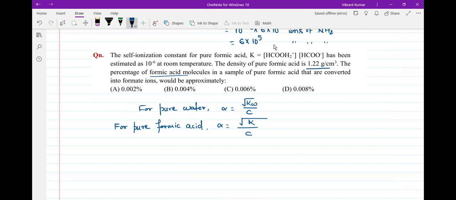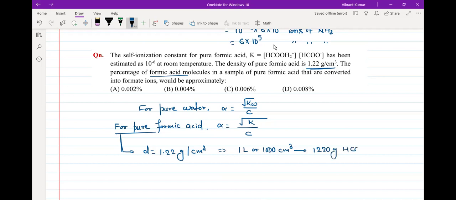and they have given you the density. So as I explained for water, similarly for pure formic acid, density is 1.22 gram per cm cube, which means if I'm having 1 liter or 1000 centimeter cube, that will have 1220 gram HCOOH, which will be 1220 upon, if you calculate the molecular mass, you'll get 46.